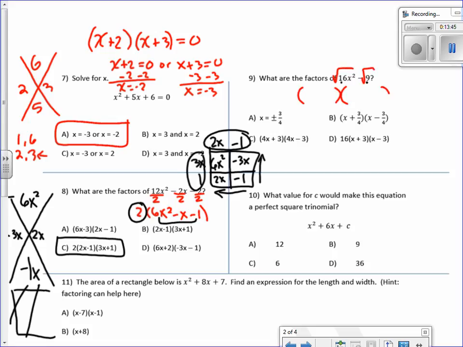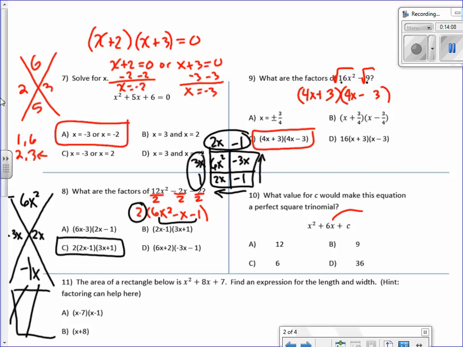That's what goes in my parentheses. I love these because they are so quick and easy as long as you recognize them. That's a 3 and a 3 because the square root of 9 is 3, and then it says plus or minus. And it says, what are the factors? That's all we had to do. So it was C.